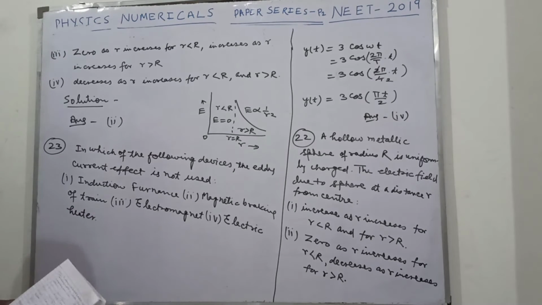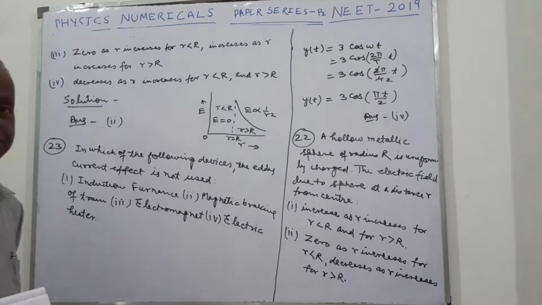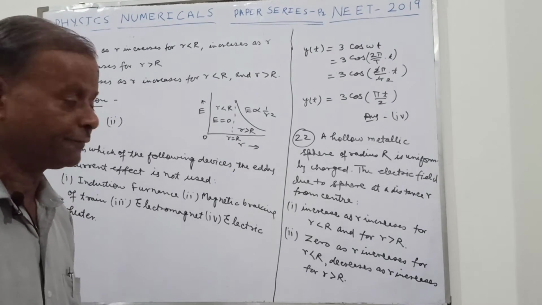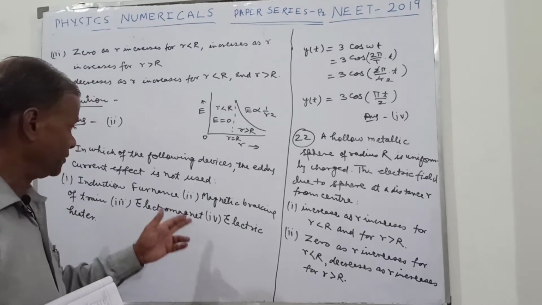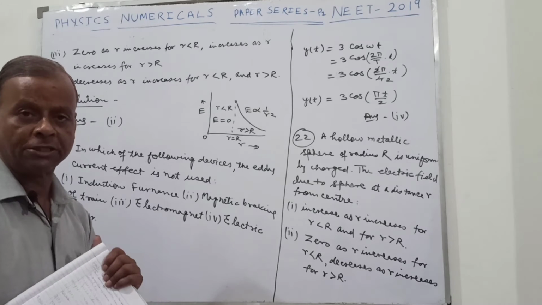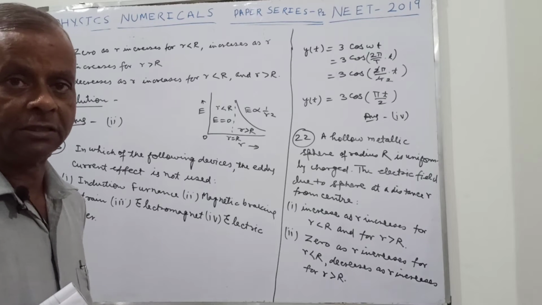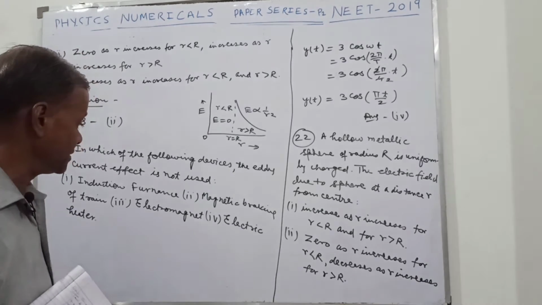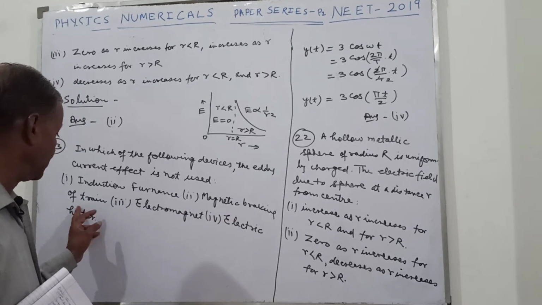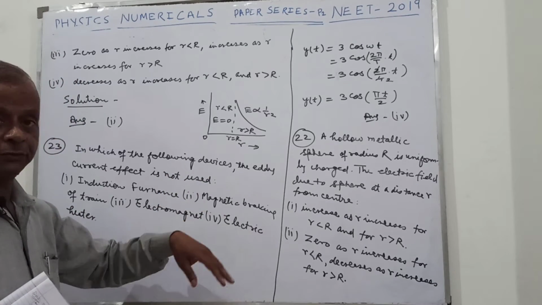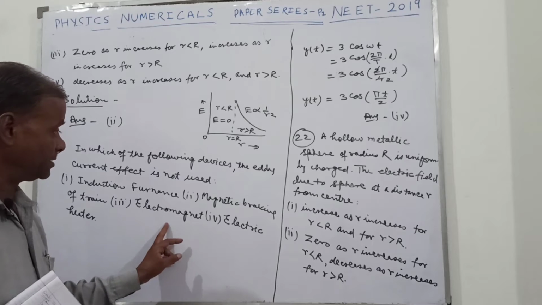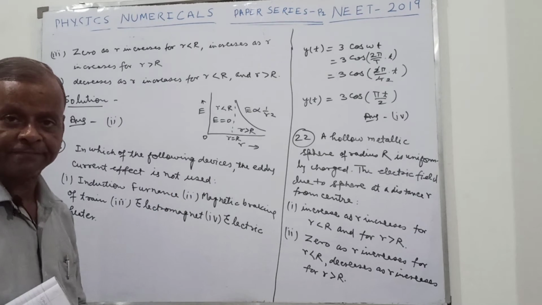If you know the uses of eddy currents, then you can find that in the induction furnace, eddy currents are used to melt the conducting materials. In magnetic braking of the trains, eddy currents are also used. In the electromagnet, there are also eddy currents.